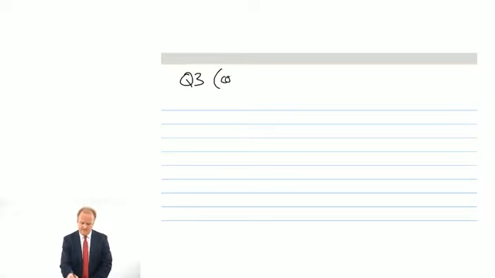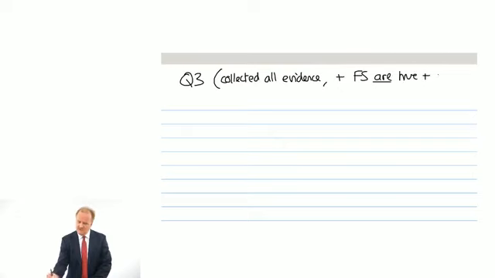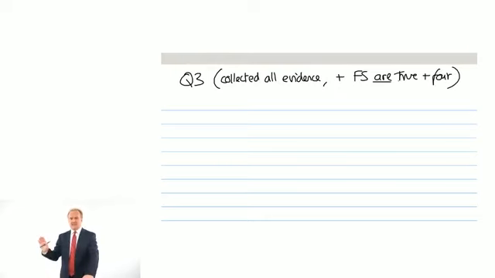Now, presumably, if we've reached question number 3, we've collected all the evidence and the financial statements, it appears, are true and fair. So if we've got this far, no problem with the accounts.